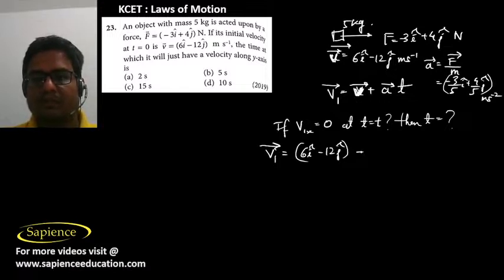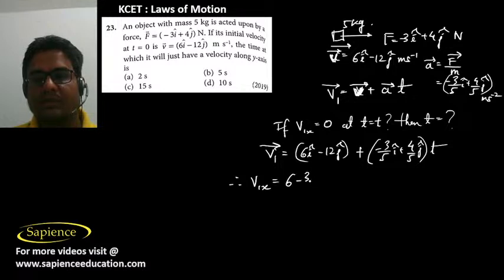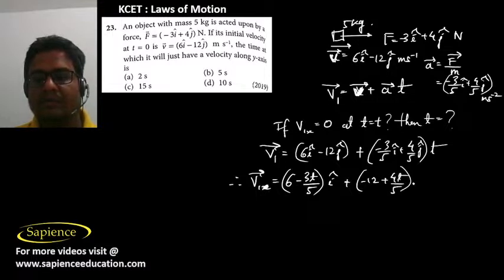Now the x component will be 6 minus 3t by 5 i cap. So v1 vector is 6 minus 3t by 5 i cap plus minus 12 plus 4t by 5 j cap meter per second.